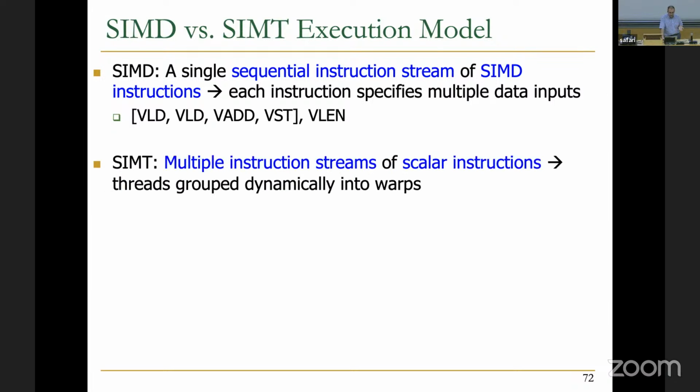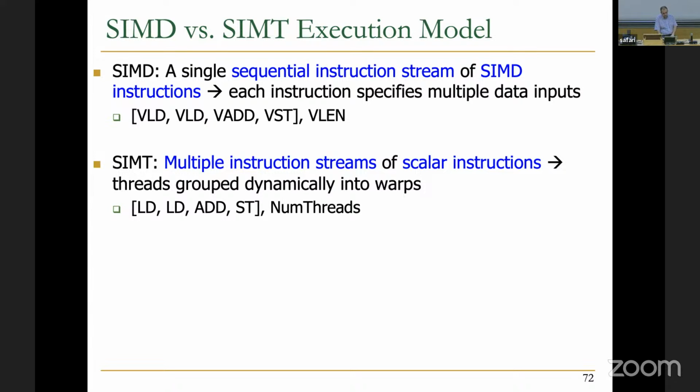For SIMT, you have multiple instruction streams of scalar instructions, and that makes the difference here. Threads are grouped dynamically into warps. So you really need to deal with only a simple load or addition or store. When you program, you don't need to think about doing this operation on a vector. You think about doing this operation on a single element, like the way that you write code for normal CPUs.